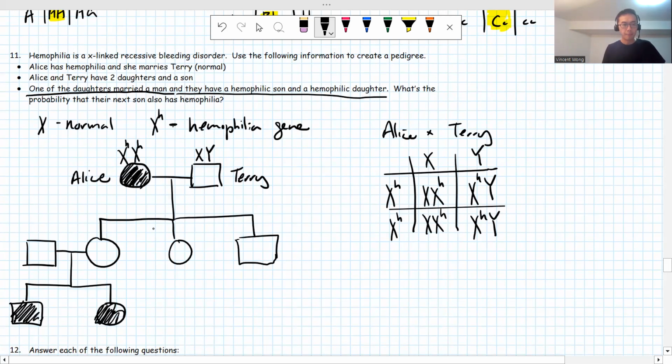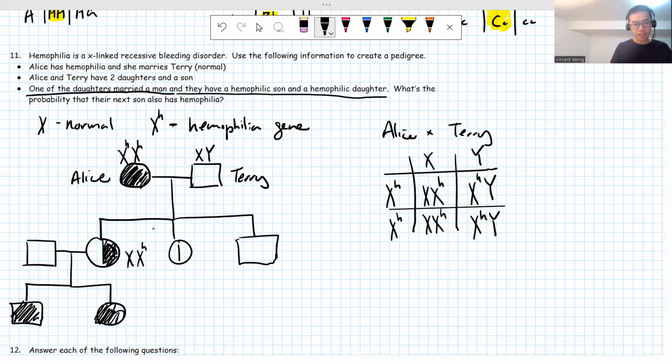This is the daughter here. Over here, that's the daughter. Looking at the Punnett square, there's only one kind of daughter that they can produce, and that would be a carrier daughter. So this is guaranteed to be half shaded.